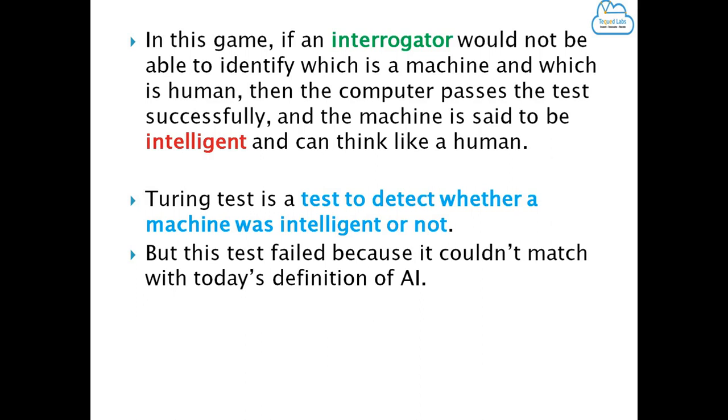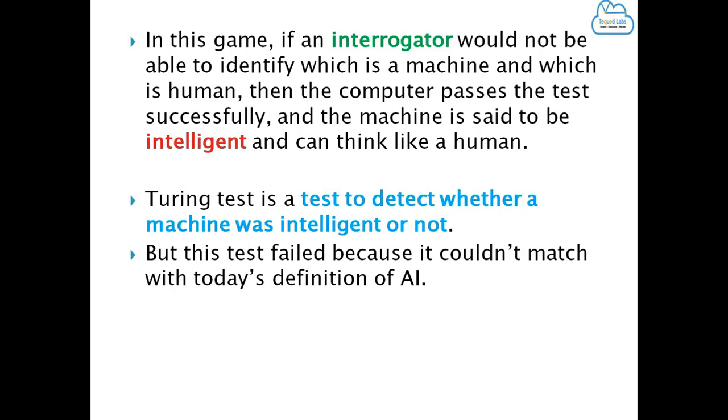The reason being, today's definition of artificial intelligence is totally different, where it involves learning and adapting from previous situations, as well as feeding into a model or feeding in data. So whenever there are situations which involve learning from previous data, you cannot say that the Turing test is an actual test to define artificial intelligence, or to define whether the machine is intelligent or artificially intelligent or not.